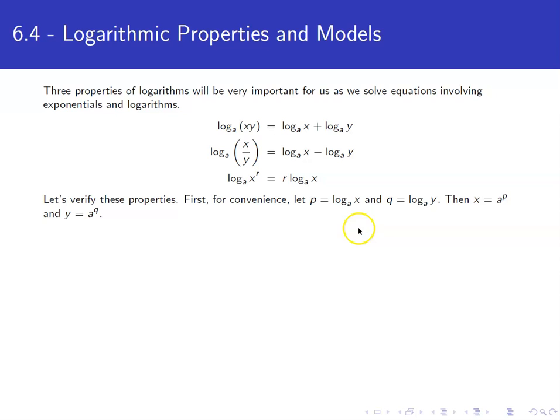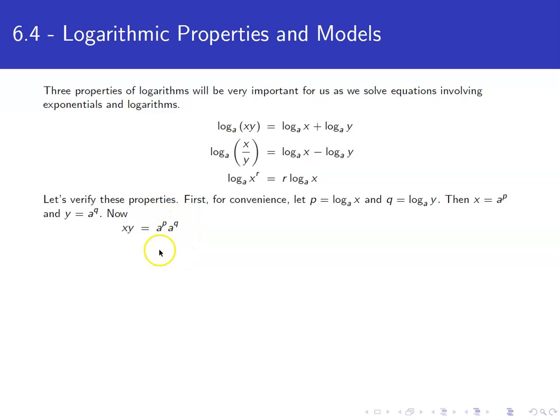So for convenience's sake, let's say we have p equal to log base a of x and q equal to log base a of y. Rewriting these in equivalent exponential form, the first one is x equals a to the p, the second one is y equals a to the q. What happens when we multiply x and y together? Well, x times y will be a to the p times a to the q.